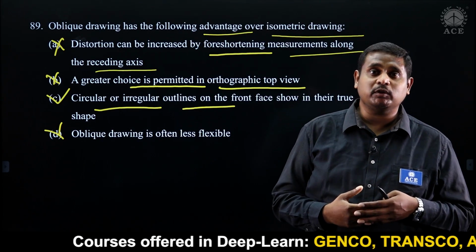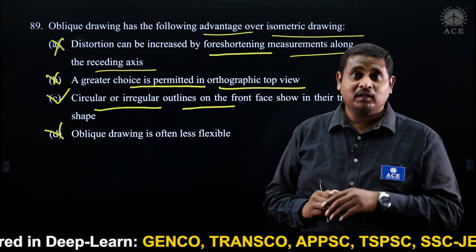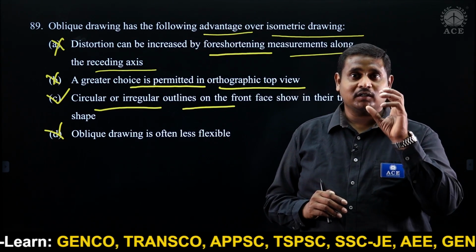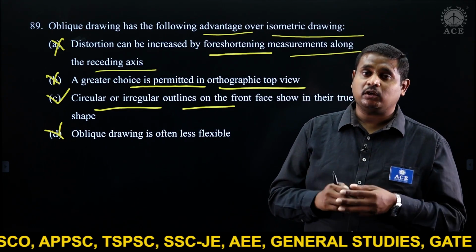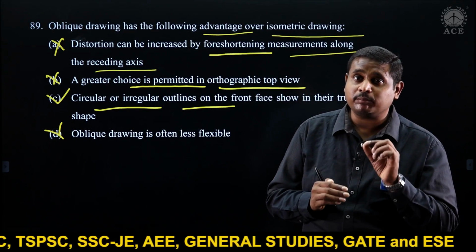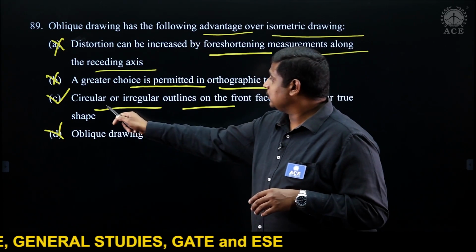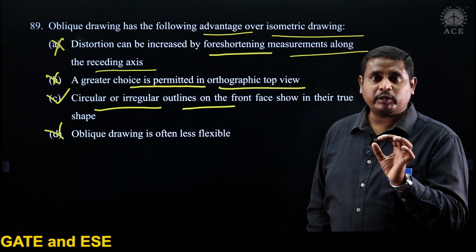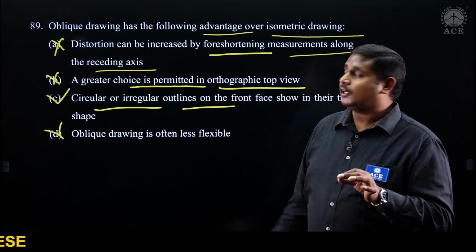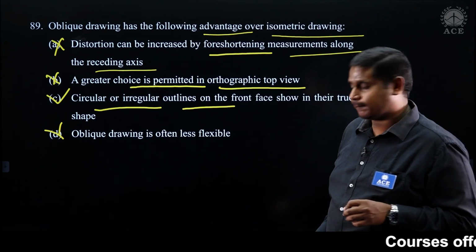In oblique drawings, the front face or the front view of the object always represents true shape, irrespective of circular or irregular outlines. Always my front view represents true shape in case of oblique drawings. Clear, my dears? Now let us see by using a graphical representation.